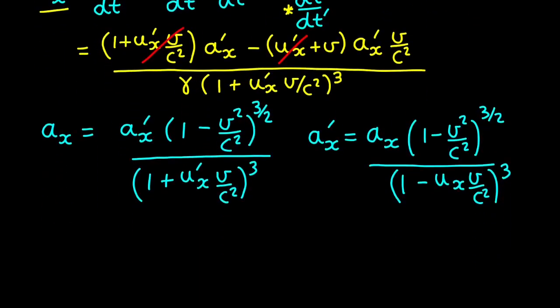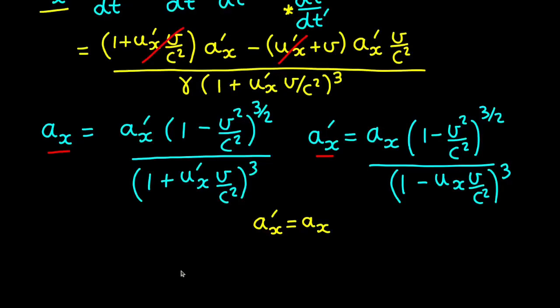It's also worth noting that the acceleration of a particle in this case depends on the inertial frame of reference in which it's measured, unlike the Galilean accelerations, which we saw were the same in all inertial reference frames.